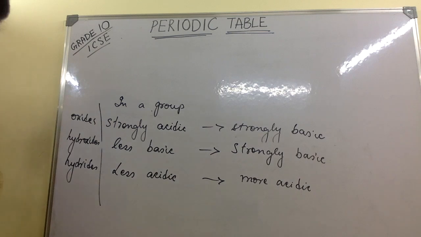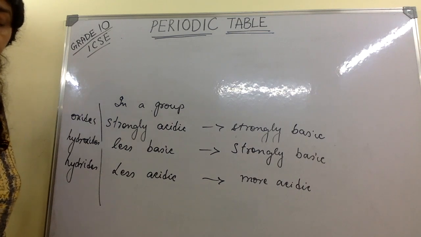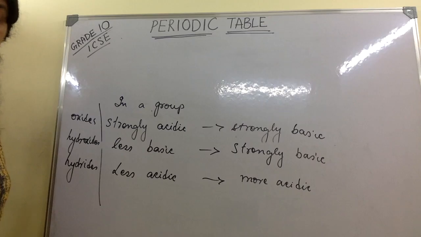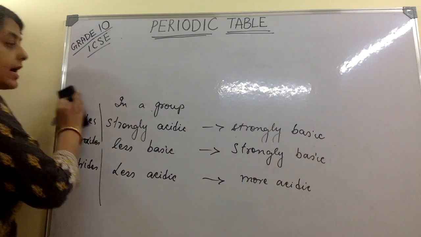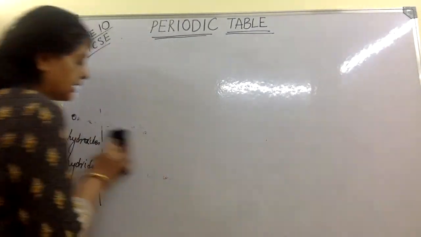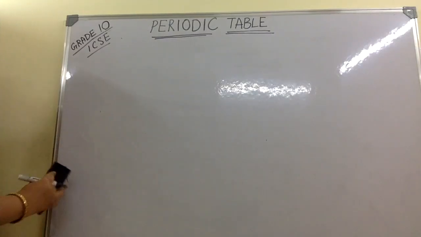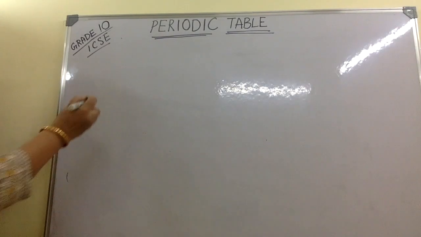Okay. Now, a few factors we are going to do. We have a few factors which we need to remember: factors which affect IP, ionization potential, and factors which affect electron affinity. What are the factors which affect IP?